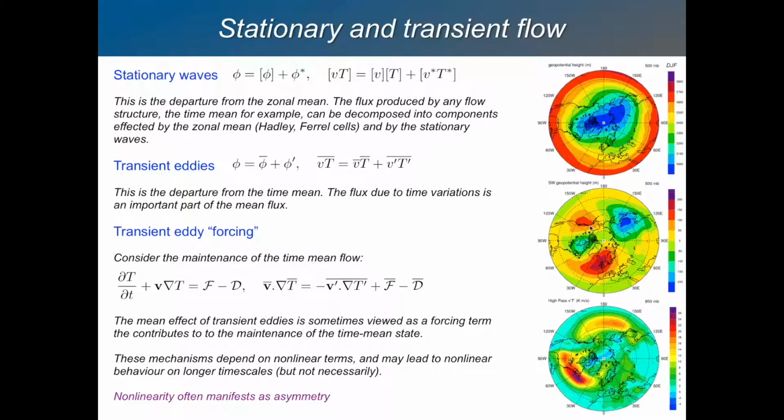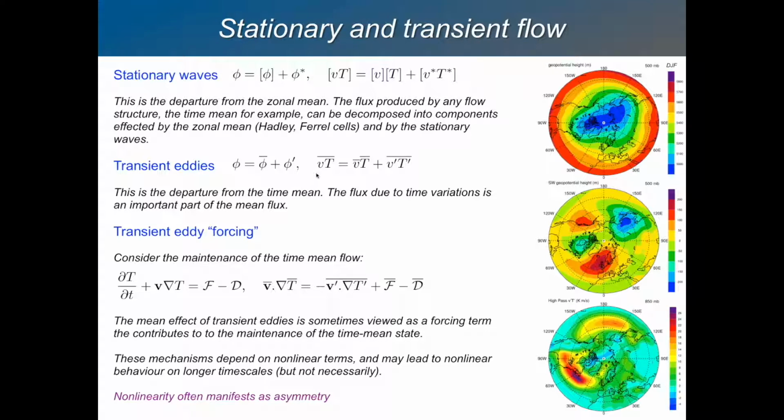Now, both of these things are independent of time, usually. Usually you take the average circulation, as I've done here, and decompose it into these two components. And there's another component to the flux which is even more important, and that is the transient part. So if you take the average of the flow, the instantaneous flow is equal to that average plus a perturbation, and you can do the same kind of decomposition.